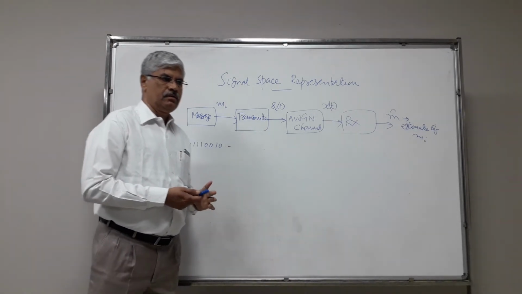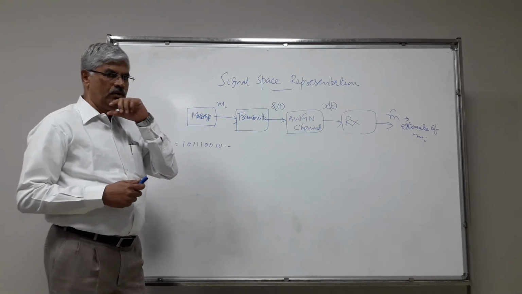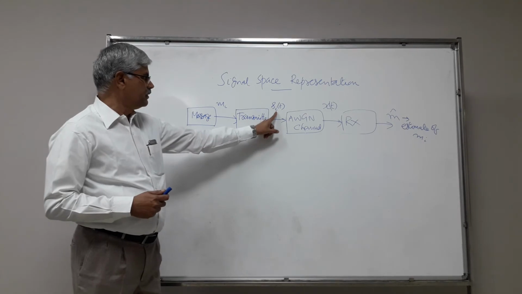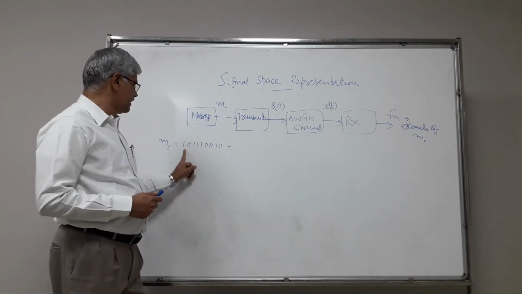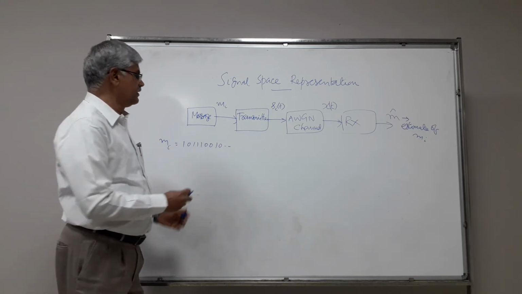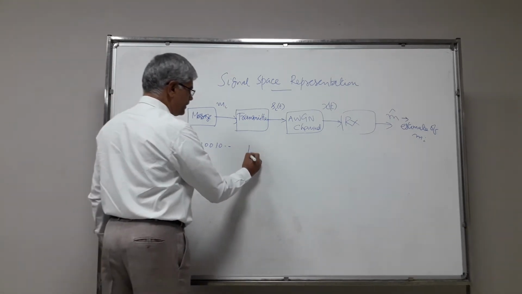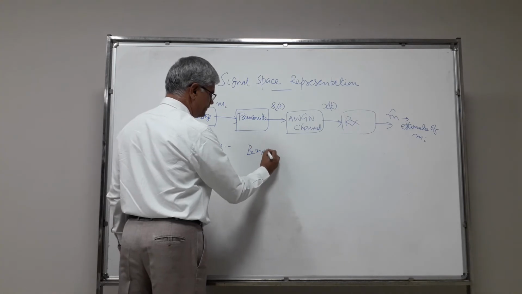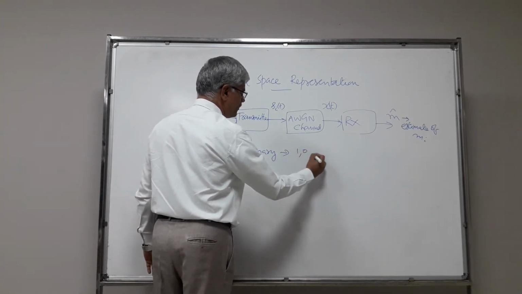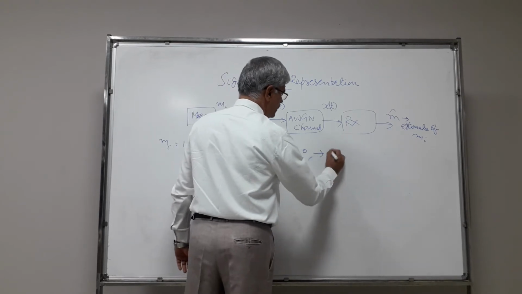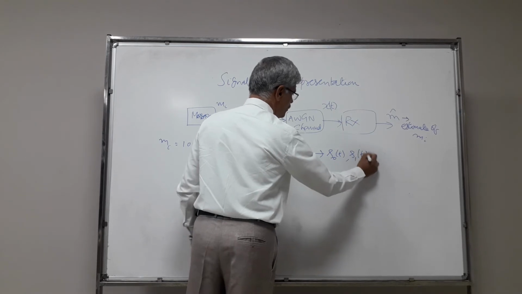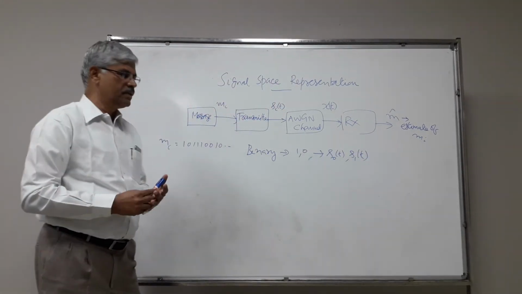Now what I would like to point out here is, for 1 bit you may transmit one waveform, because here is a binary representation 1 and 0. So for binary representation, you require S0 of t and S1 of t. Only these two waveforms are sufficient to represent binary.